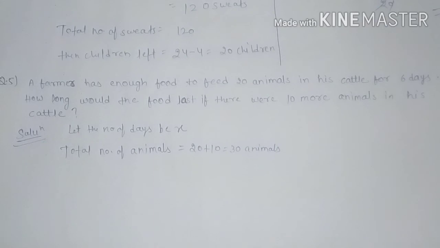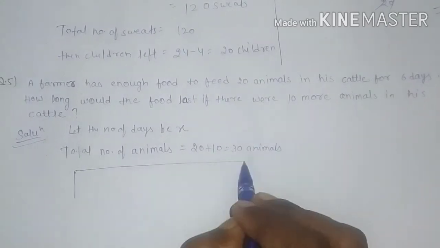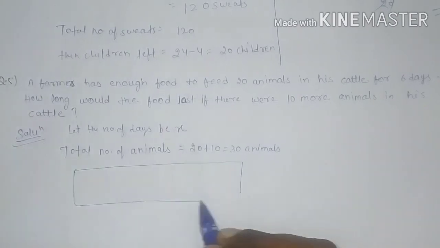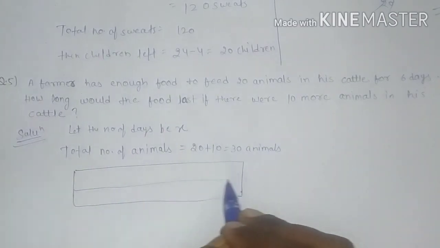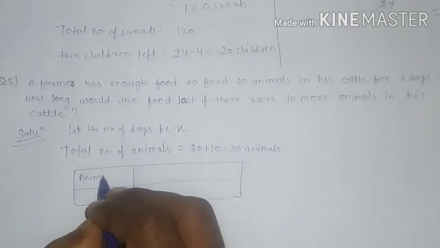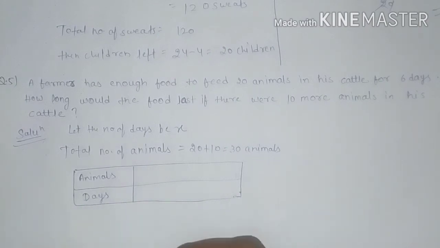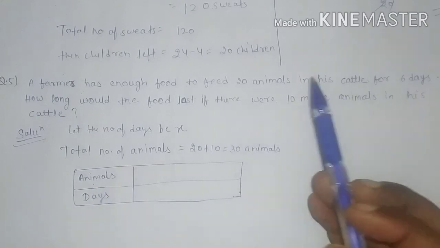Okay. Now just draw a table. This is animals and this is days. What is given? Total number of animals is 20.